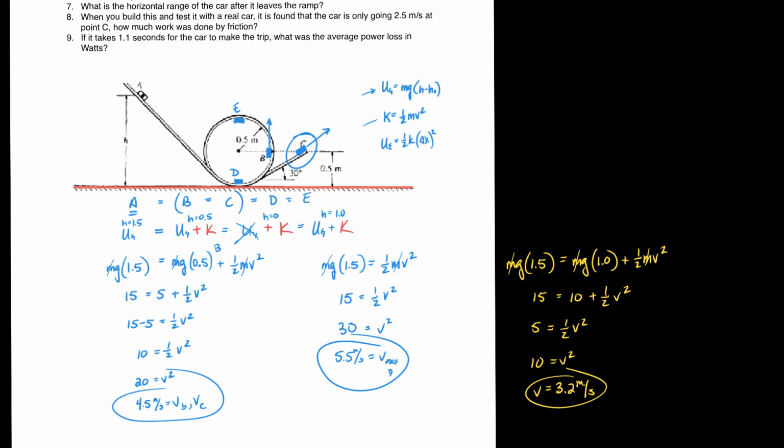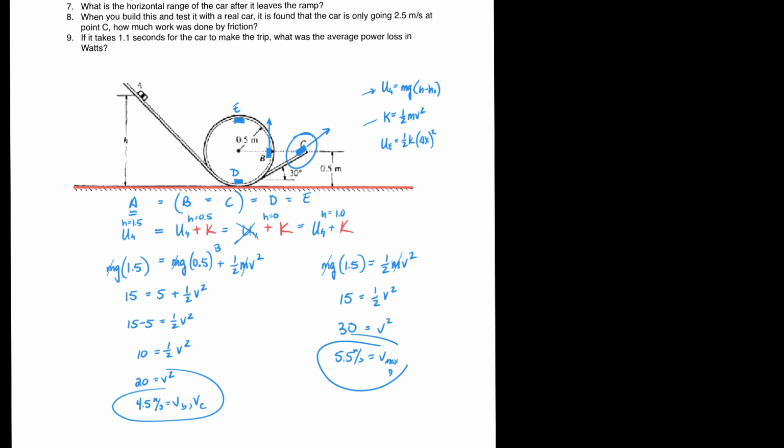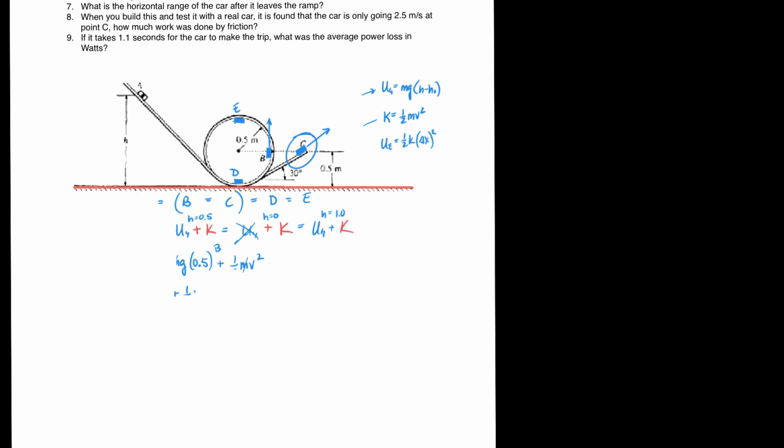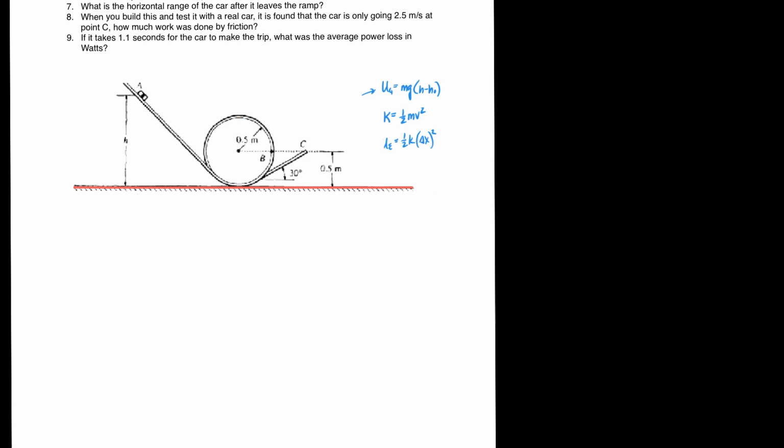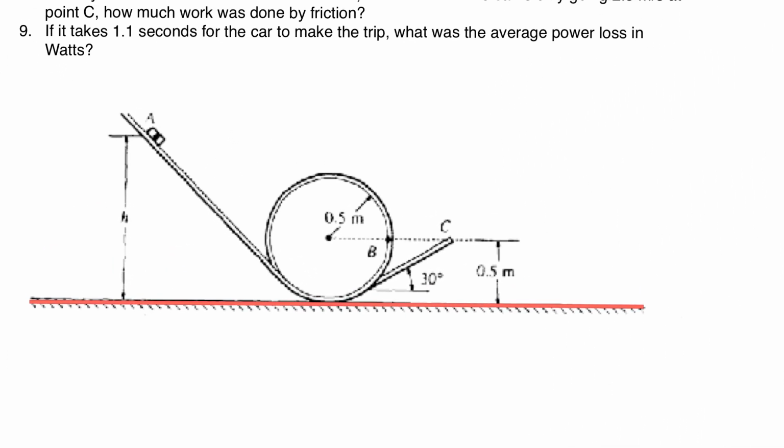So here's what I'm going to do to make this easier on me. I'm going to get a big eraser out and get rid of all of this stuff. And point out that we know, at this point, the car's traveling at 4.5 meters per second.